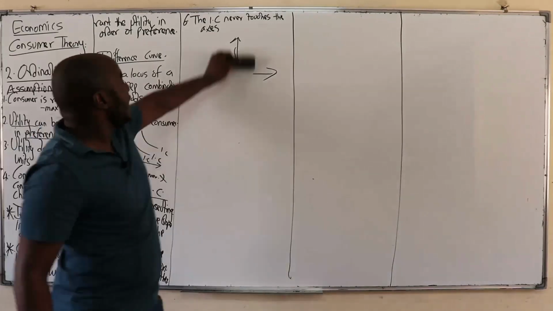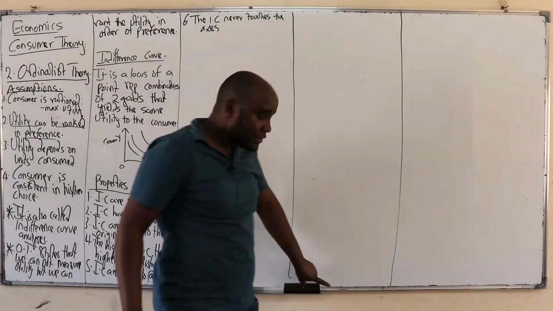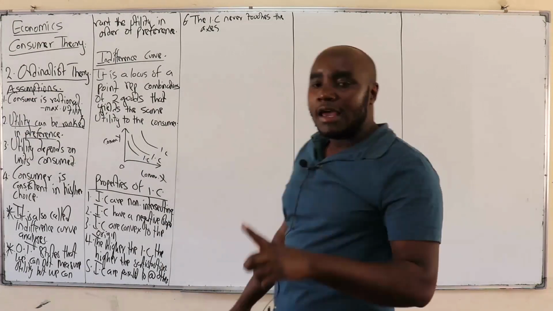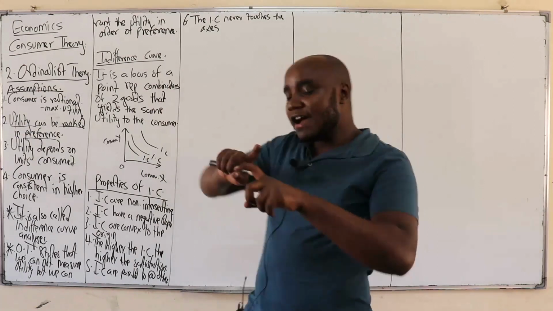And these are the characteristics of the indifference curve. All the indifference curves that we shall be drawing shall have these properties. Number one, the indifference curves never intersect. They never intersect in any way.